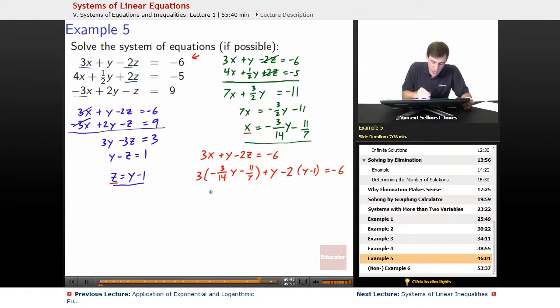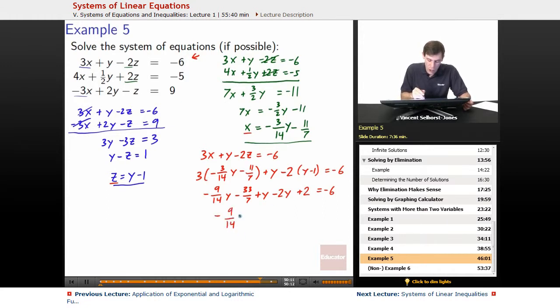We start working this thing out. 3 times negative 3 over 14 will become negative 9 over 14 y, minus 33 over 7, plus y minus 2y plus 2, equals negative 6. Let's compact some stuff together. We'll combine our y's as much as we can.